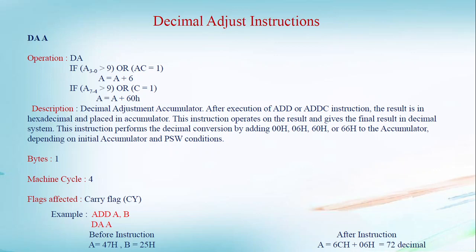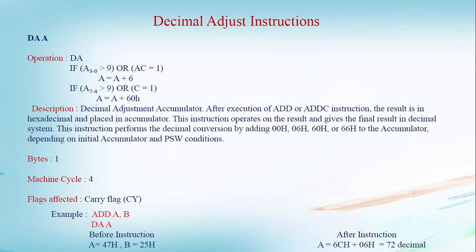This instruction operates on the result and gives the final result in decimal form. It performs the decimal conversion by adding 00, 06, 60H or 66H to the accumulator, depending on the initial accumulator and PSW conditions.